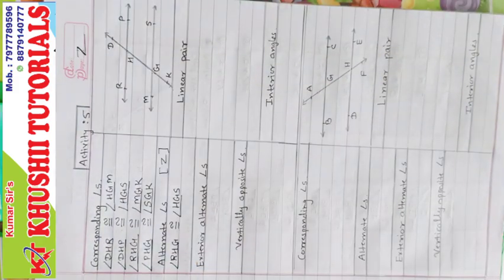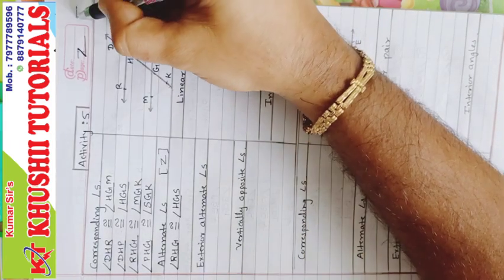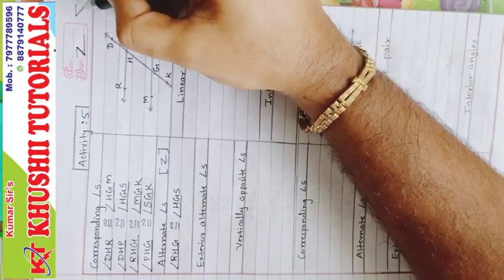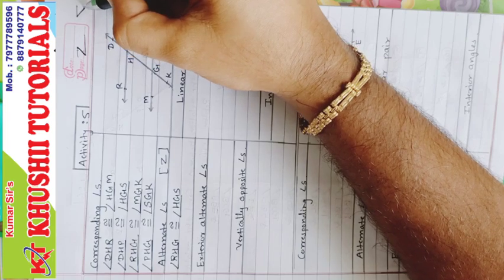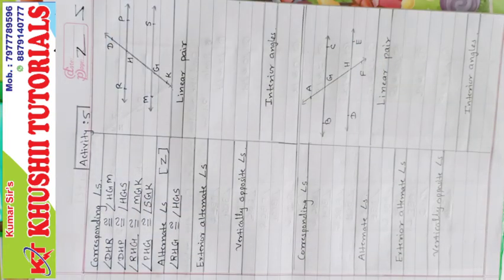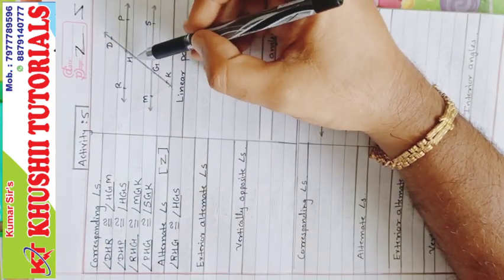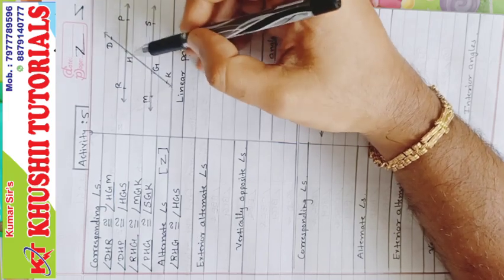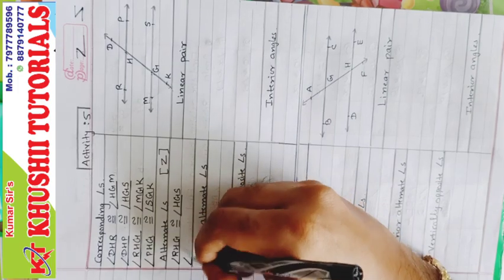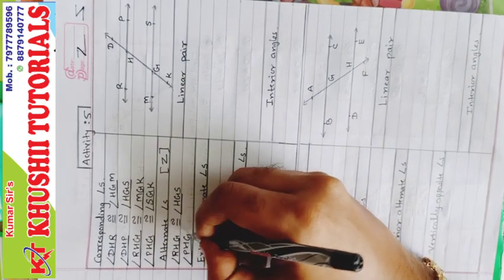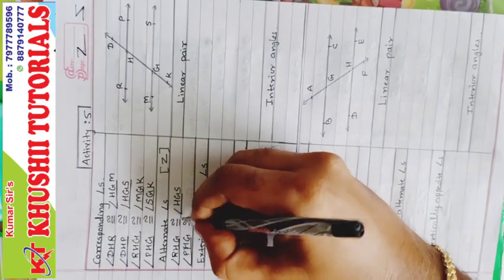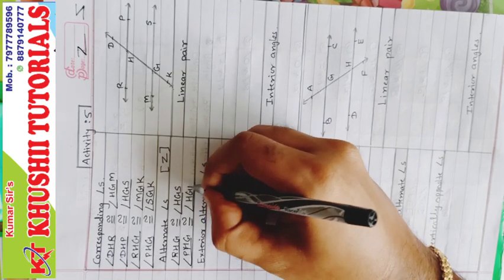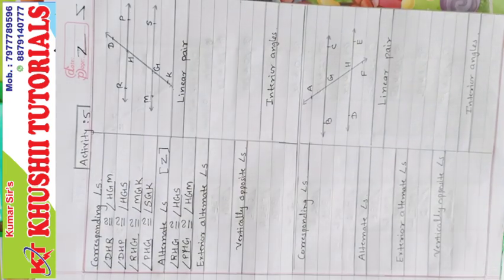Similarly, now reverse. The first angle, and this part will be repeated, the second angle. So PHG and HGM. Angle PHG is congruent to angle HGM. That's all, only two pairs of alternate angles.